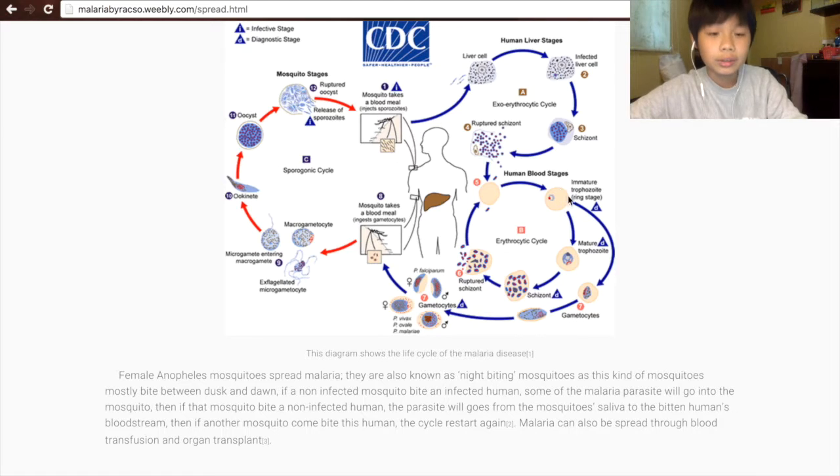If another non-infected mosquito bites this infected human, the cycle will restart again. Malaria can also be spread through blood transfusion and organ transplants.